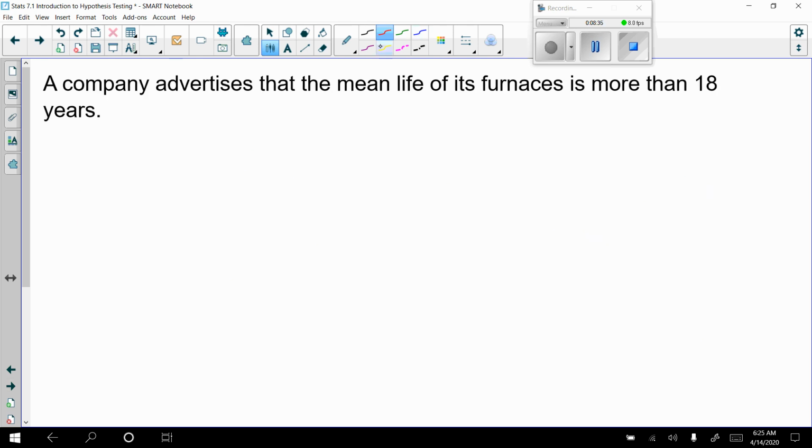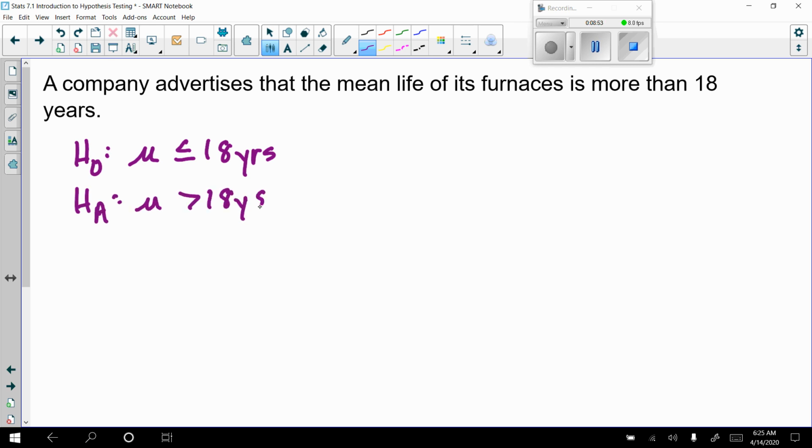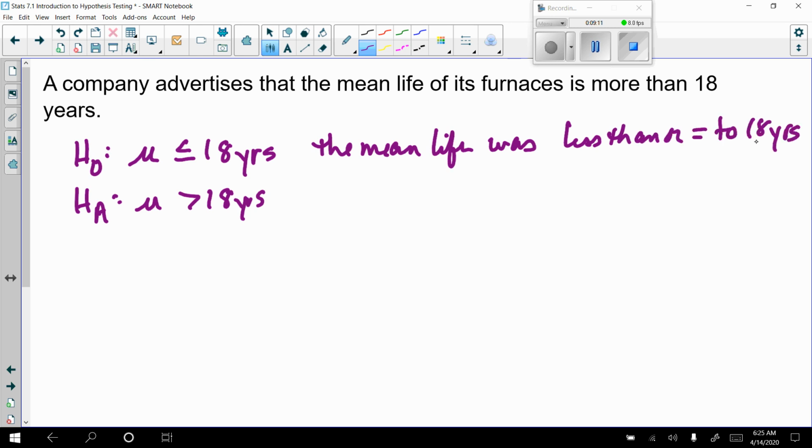And the last one, a company advertises that the mean life of its furnaces is more than 18 years. Remember, the null hypothesis was that the mu was less than or equal to 18 years. And the alternate was mu was greater than 18 years because that was their claim. They wanted their furnaces to last longer. The mean life was less than or equal to 18 years.